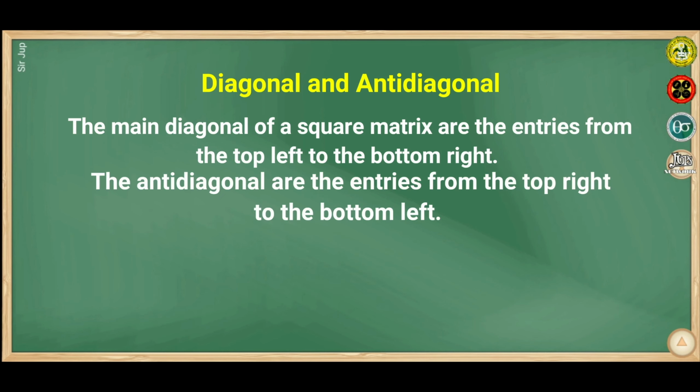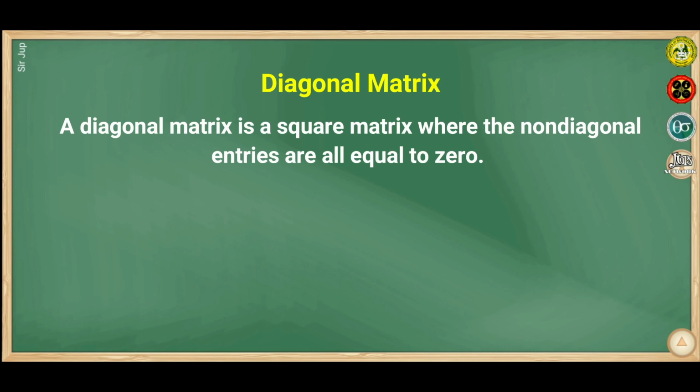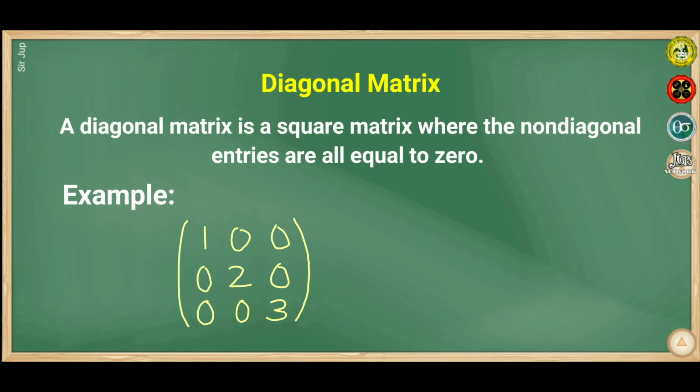On the other hand, the anti-diagonal are the entries of the top right to the bottom left. We also have diagonal matrix, which is a square matrix where the non-diagonal entries are all zeros. For example, the matrix 1, 0, 0; 0, 2, 0; 0, 0, 3 is a diagonal matrix because all non-diagonal entries are 0.